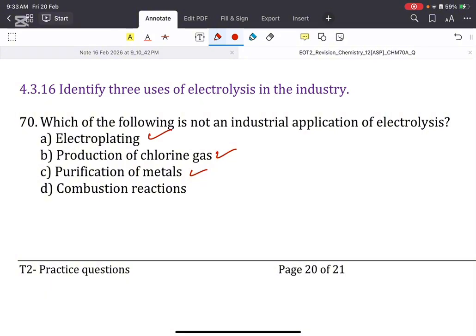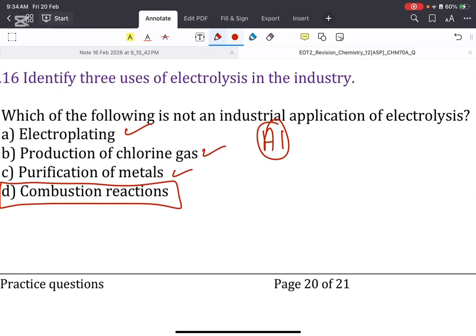For example, aluminum oxide undergoes electrolysis in order to obtain aluminum, but it's not used for combustion. I'm going to give you all the applications of electrolysis, just in case the multiple choice changed in the exam. So electrolysis is used for metal extraction.